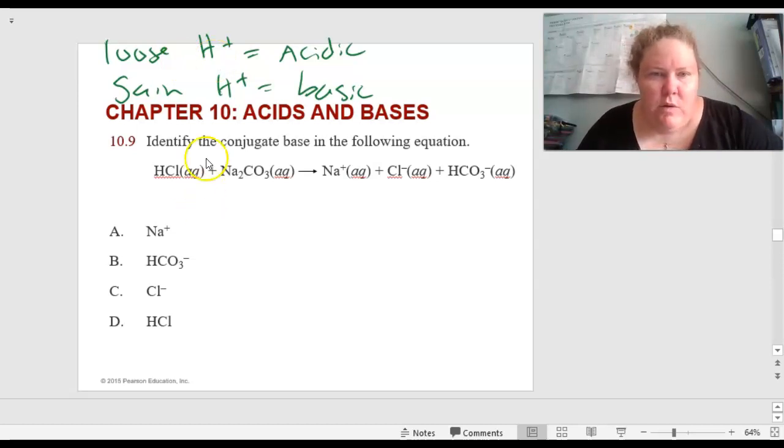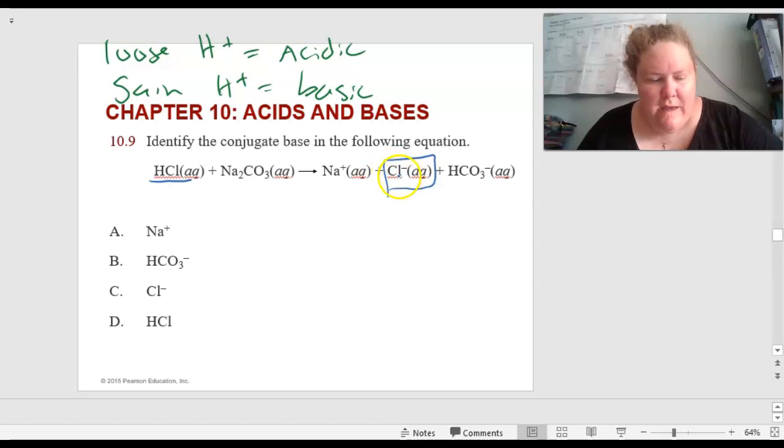Okay, so remembering again, losing hydrogen is going to make it acidic, but if it gains it, it's going to be basic. So when we look at this equation, this separates, and then the chloride, instead of being neutral, is going to be gaining that one hydrogen.